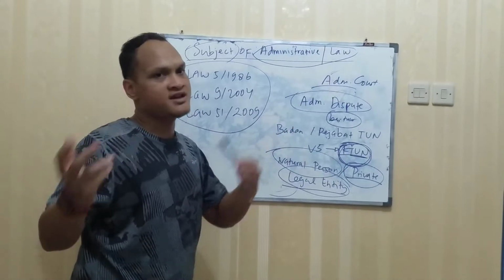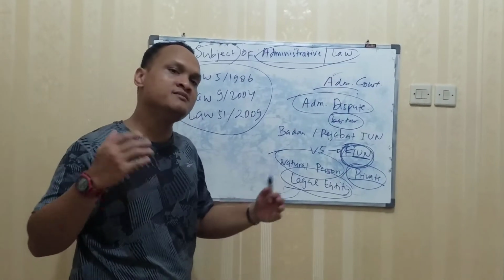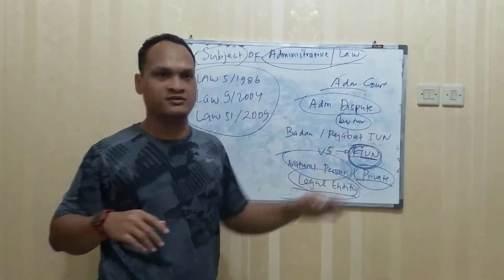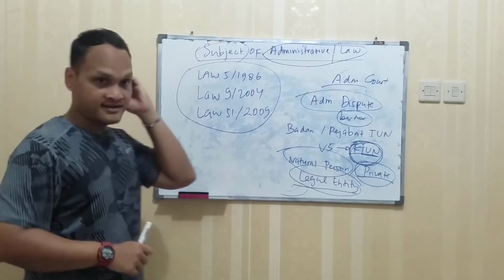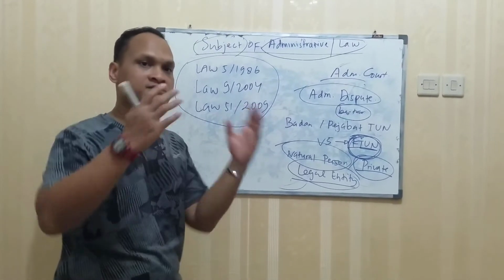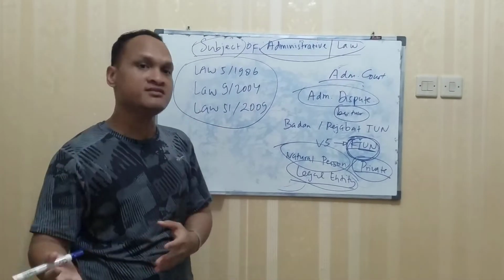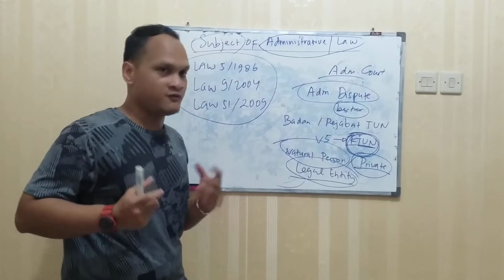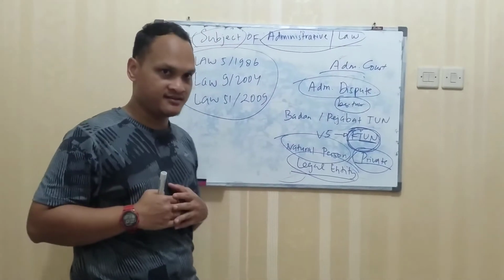But there is another kind of legal entity, but the establishment is not for the one who established it, but for the interest of everybody. Let's say the state, the province, or the city. The state or the city is established not for the interest of our founding fathers only, but for everybody in the city, in the province, or for the state, for everybody in the country.